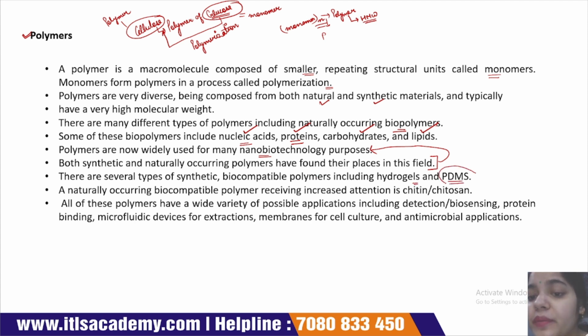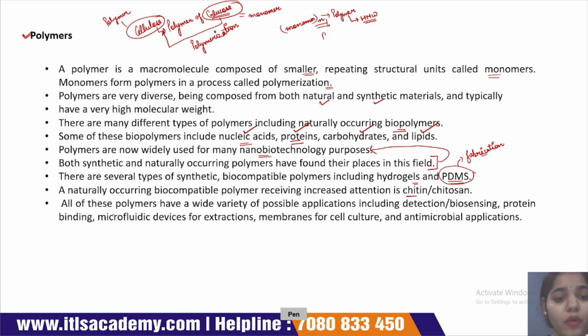PDMS is used in fabrication technology. Okay. Next, naturally occurring biocompatible polymers receiving increased attention are chitin and chitosan.